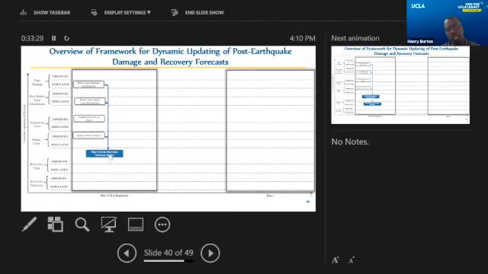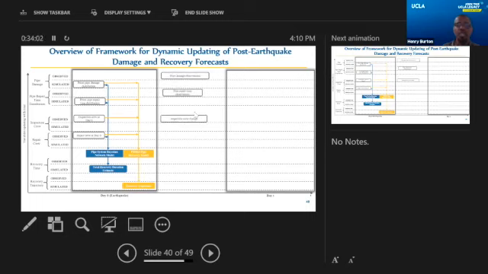And we look at two alternative approaches. One approach is we develop a Bayesian network model of the pipe network, and that allows us to compute the total recovery duration. The other type of model, shown here in the yellow, is the DES model, which allows us to update not just the total recovery time, but the entire recovery trajectory.